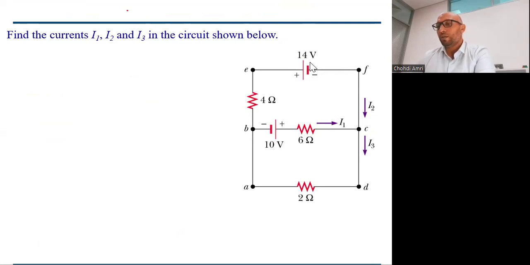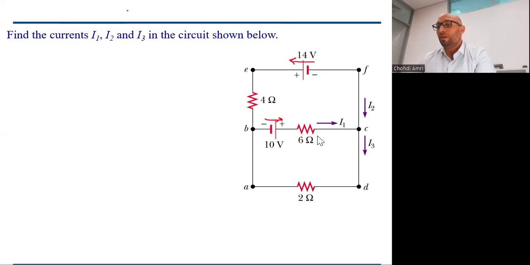As we said, the potential difference for the battery is always from the negative side to the positive side. For the resistor, it's opposite. The potential difference across the resistor is opposite to the direction of the current. Let's start with I1.